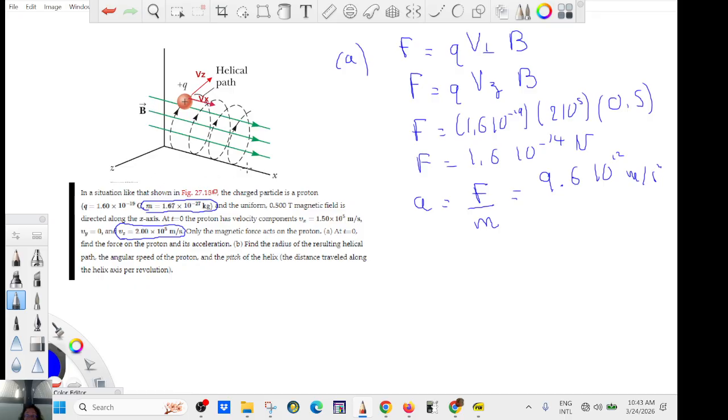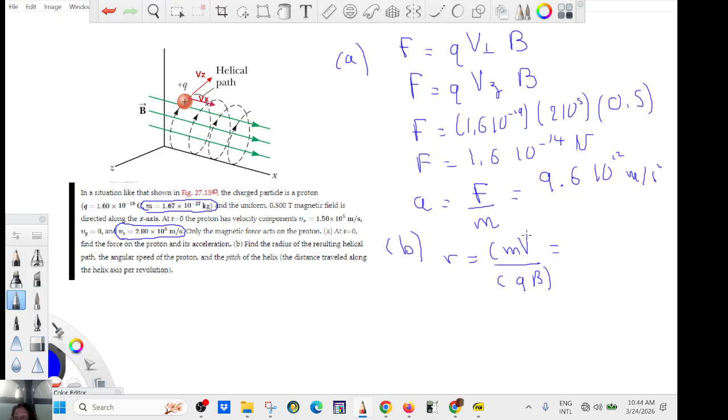Okay, so part B, find the radius. By definition, remember, the radius is the momentum divided by the charge times the magnetic field. You take the mass and the velocity, but the velocity is not the magnitude. We don't want the magnitude here.